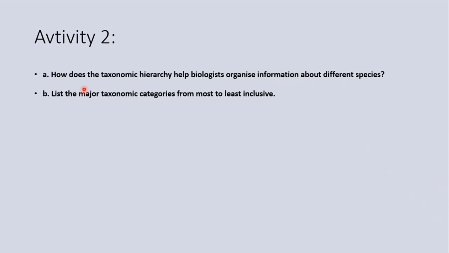Anyone? Vanessa? AG? Kahiso? Latoya? Yes, Latoya? It starts with the kingdom, the phylum, class, order, family, genus, and species. Yes. And you know what kind of question they may bring?